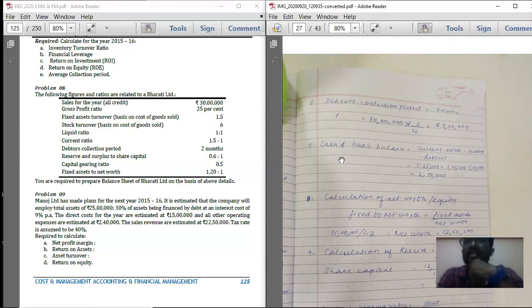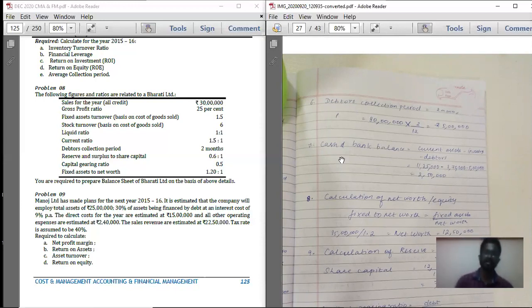So 360 divided by credit sales divided by average debtors, which means average debtors is equal to credit sales into average collection period. Simple. Just remember this formula. Write it down separately.